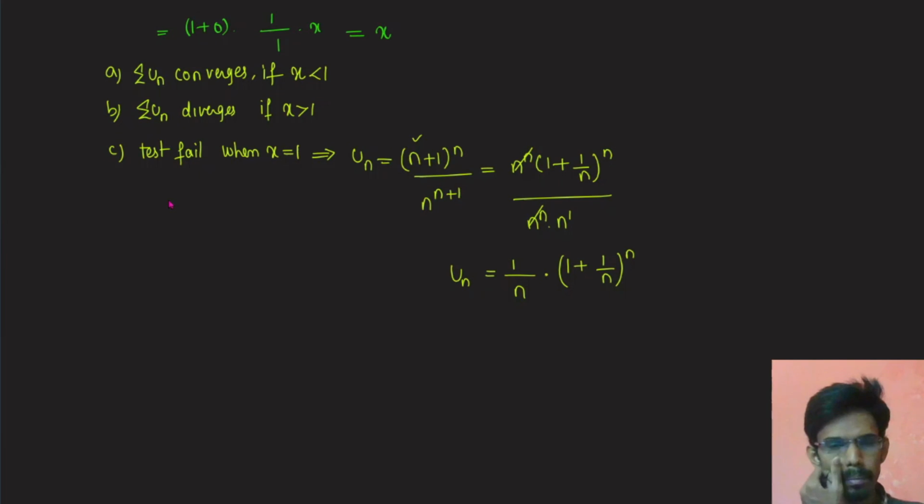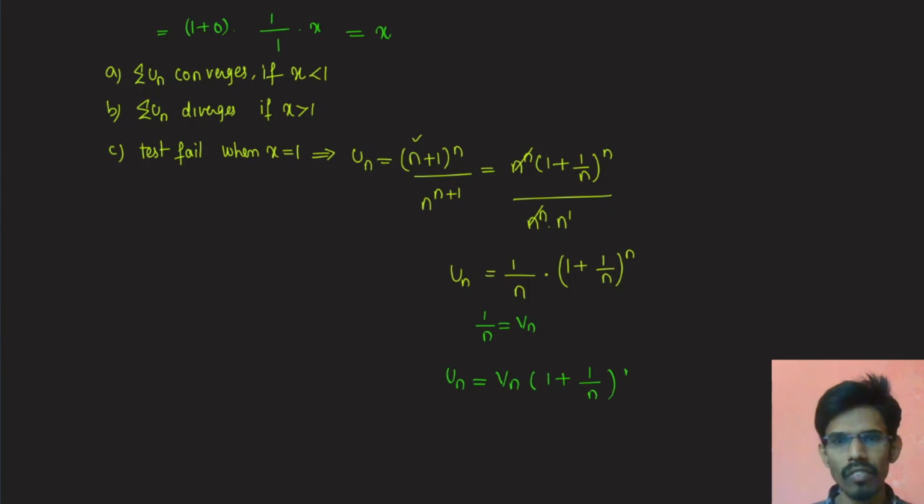Now by using the comparison test, we see whether this converges or diverges. Let us take this 1 by n as Vn. So Un is equal to Vn into (1 plus 1 by n) whole power n. Now divide Un by Vn.